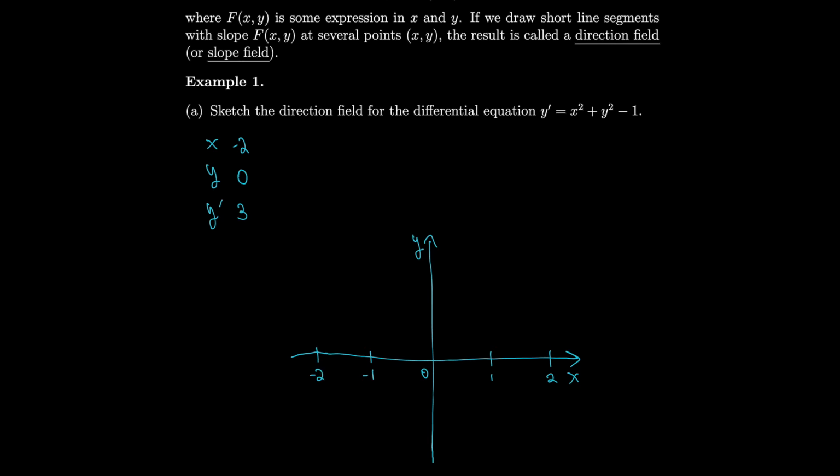Okay, so we just did minus 2, 0. So that means that there's a little line segment at minus 2 that has a slope of 3. Instead of drawing an entire line with a slope of 3, I'm just going to draw a tiny little line segment with a slope of 3.